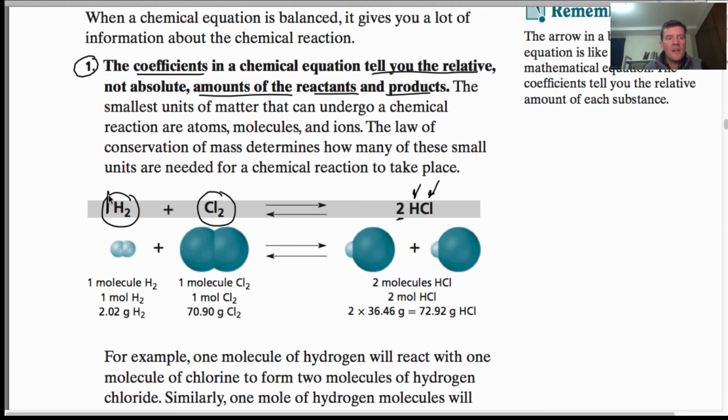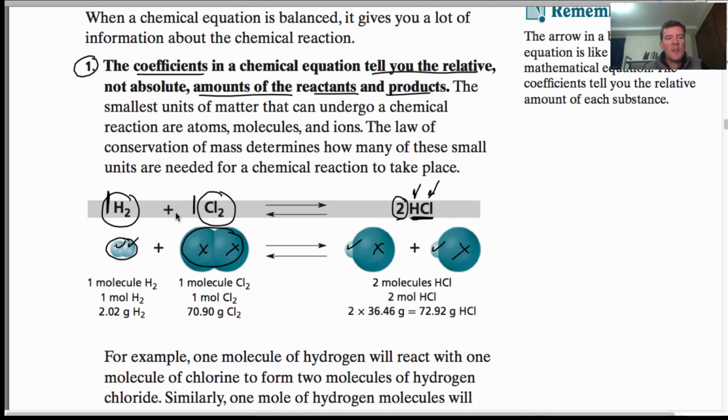You have 1 molecule of hydrogen right there, and 1 molecule of chlorine right there. Chlorine is diatomic, as is hydrogen. When they react, they produce hydrogen chloride right here, but you're going to produce 2 of them because you've got 2 hydrogens, and there's your 2 hydrogens. You've got 2 chlorine atoms, there are your 2 chlorine atoms.